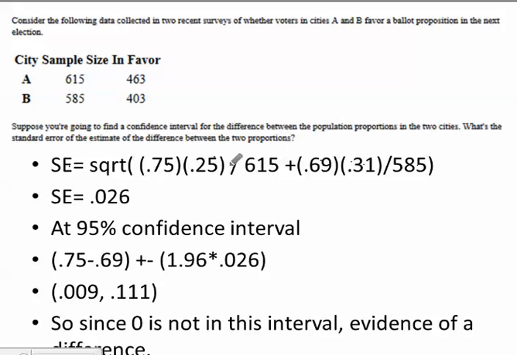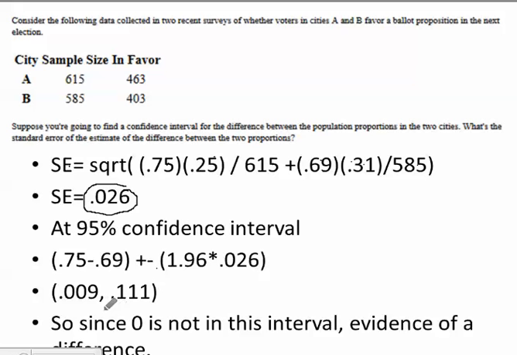Multiply that whole thing together, take the square root of it, and I get 0.026. If I were building a 95% confidence interval, I would take 0.75 minus 0.69 plus or minus 1.96 times 0.026. And what I get is 0.009 and 0.111.